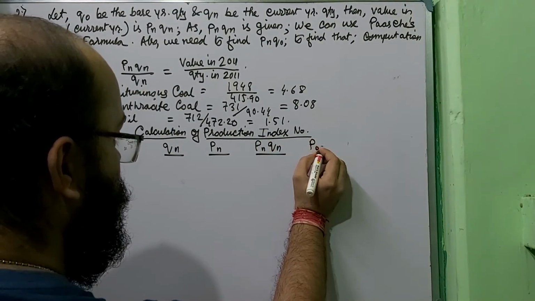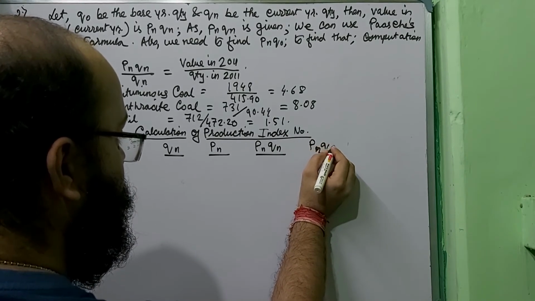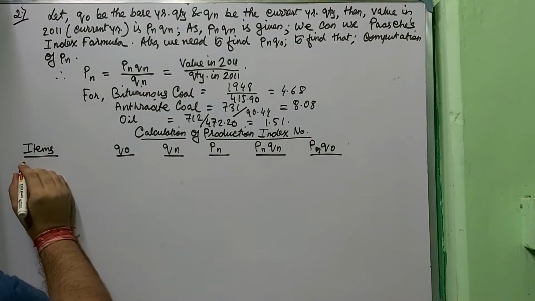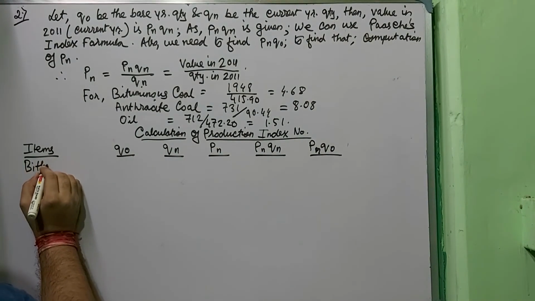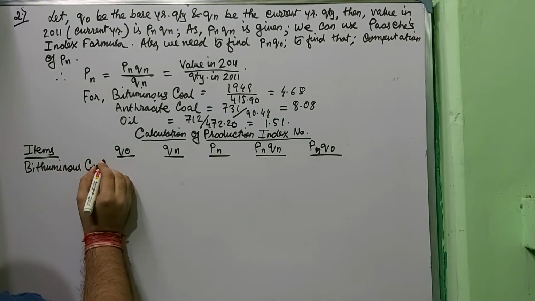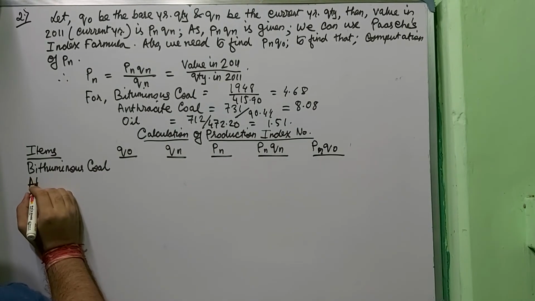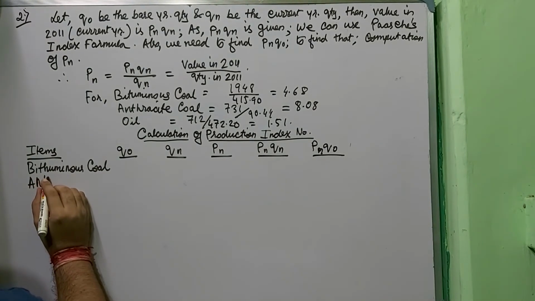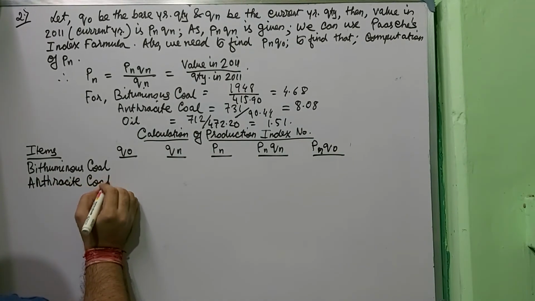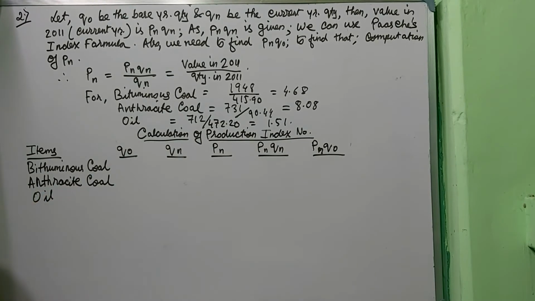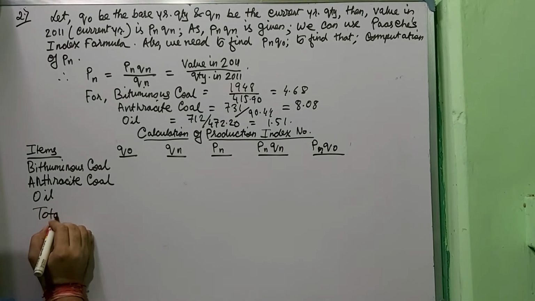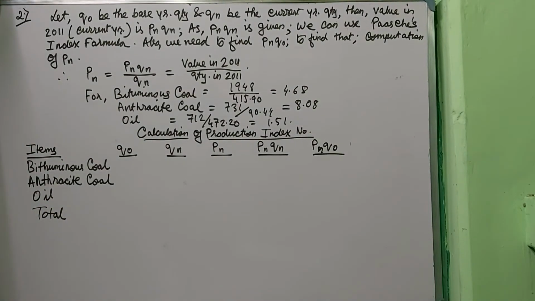Obviously, you need to find out. Okay. So first is bituminous coal. Next is anthracite coal. Last one is oil. Finally there will be total, obviously. Total column is required, you all know that.